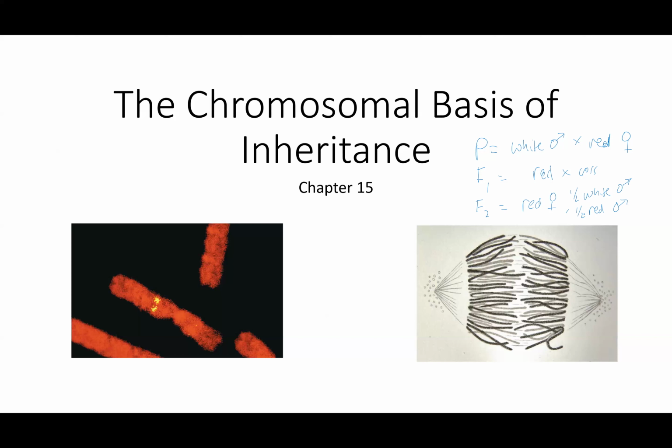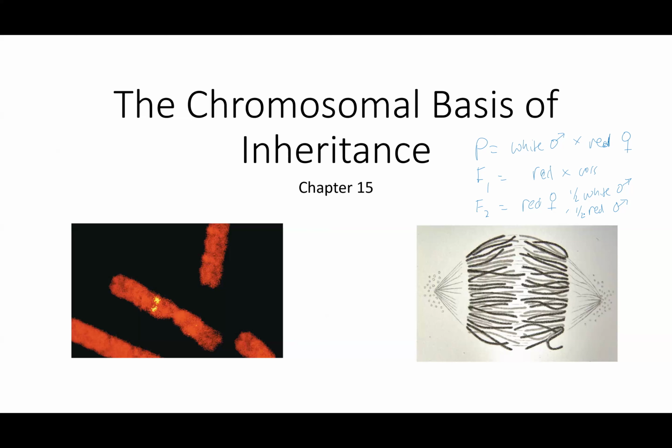So he started to understand that the gene for the eye color for fruit flies was carried on a specific unit, which became the chromosome. We studied fruit flies because they're small, they have a short generation time, and they have 4 sets of chromosomes. They have 3 sets of autosomal chromosomes, 3 pairs, and then 1 pair of sex chromosomes.